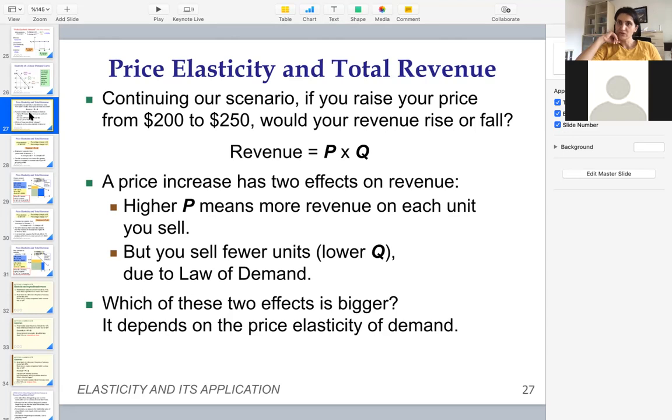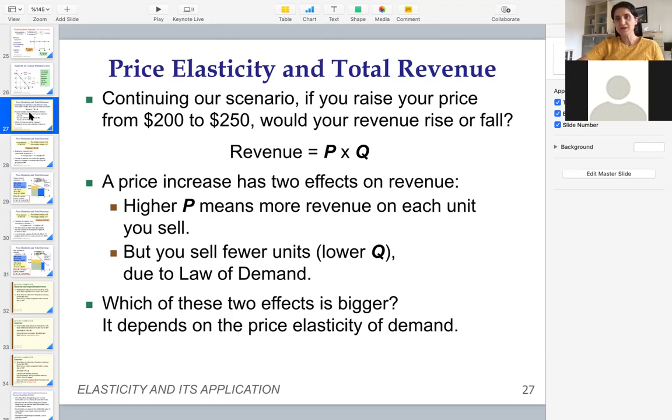Revenue is P times Q. A price increase has two effects on revenue. Higher P means more revenue on each unit you sell, but you sell fewer units. So a higher price means a lower quantity due to the law of demand.